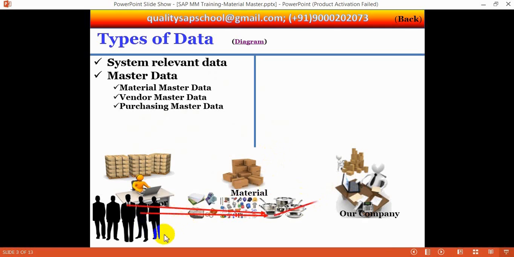Just like one person is supplying A4 sheets, the other person is supplying the finished goods. Two persons are supplying the same products. We are buying from different vendors.